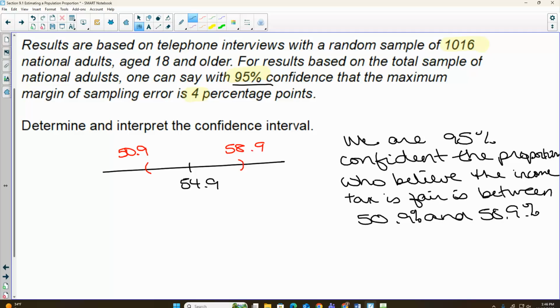So when you see those percents in a survey, it's not that exact number, it's actually a range of values. When they give you a margin of error, that's how much you would add or subtract from that.